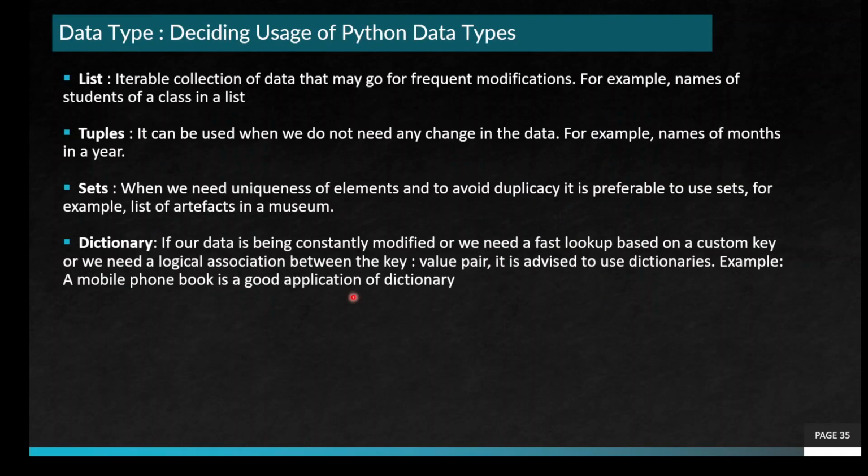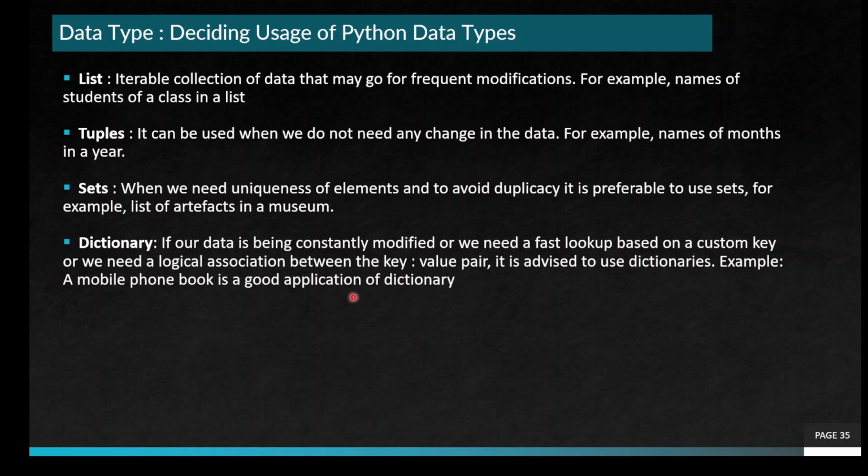Next is deciding which data type we should use in which condition. Use a list when we have an iterable collection of data that changes frequently. For example, the names of the students of a class in a list.